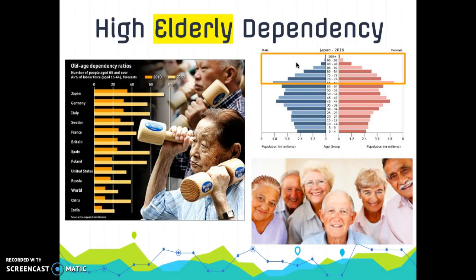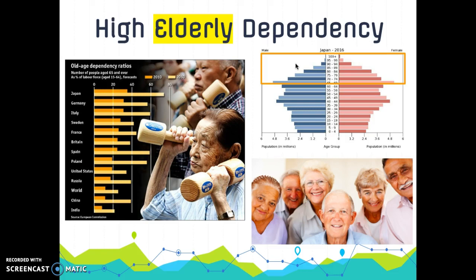Okay, so if we have a high elderly dependency, right? So this is when we're seeing a lot more people at the top of the pyramid than we are at the bottom or the middle of the pyramid. And so again, you have financial burden on those who are working, but you also have burden on the government. So high elderly dependency is going to put a strain on things like retirement homes, hospitals, the Social Security system, and retirement systems, right?